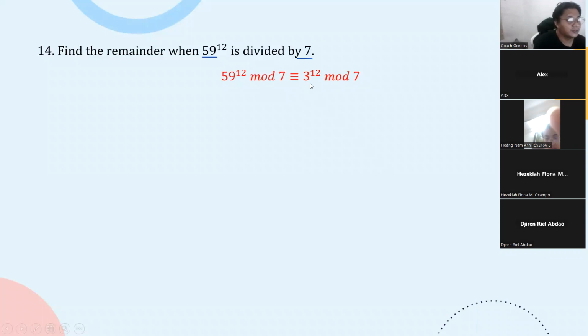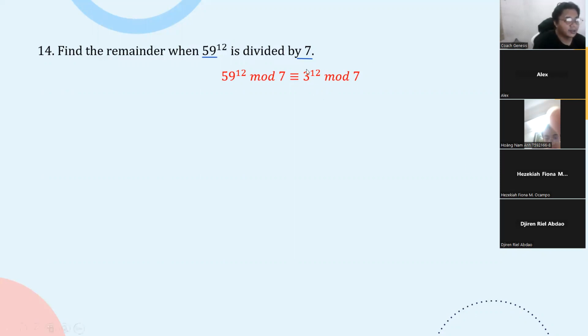That is congruent to 3, because 59 divided by 7 will give you a remainder of 3. So 3 raised to 12 modulo 7. Now, what we can do here is we can express 3 raised to 12 into an equal value, and then apply modulo 7 again.